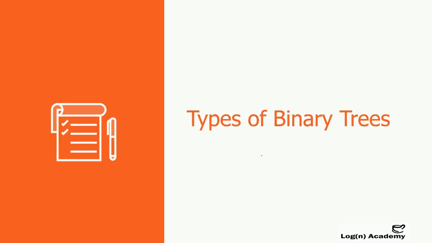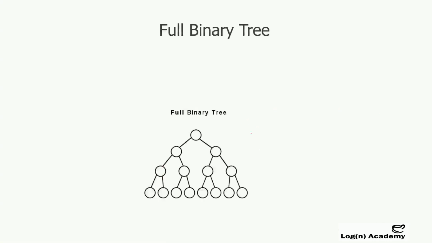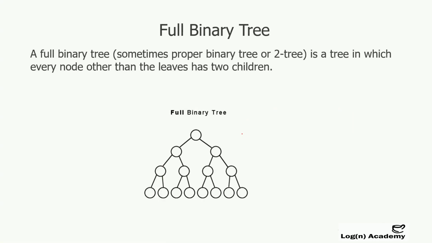Now let's look at some of the types of binary trees. A full binary tree, which we can also call a proper binary tree or two-tree, is a tree in which every node other than the leaves has two children.